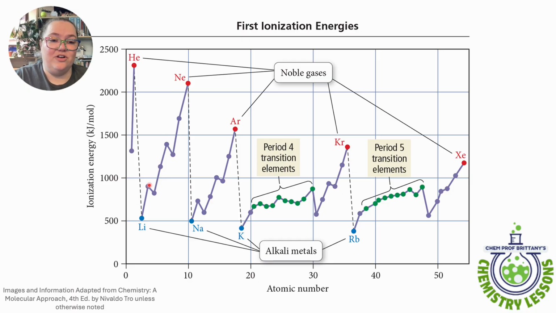You will see that there are some exceptions in here, and I will talk about those in a later slide, the exceptions and why they're weird. And then as I go down a group, it generally decreases, although there's not much of a change here at the beginning. There's definitely a pretty obvious change for our noble gases.